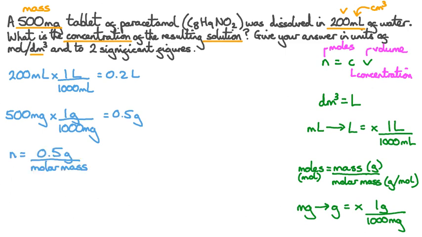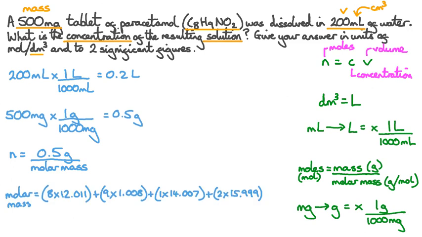Now we can begin to work out the number of moles. From our second key equation, we know that the number of moles equals 0.5 grams divided by the molar mass of paracetamol. To work out our molar mass, we need the periodic table and the formula for paracetamol given in the question. We can see that it contains 8 carbon atoms, 9 hydrogen atoms, 1 nitrogen atom and 2 oxygen atoms.